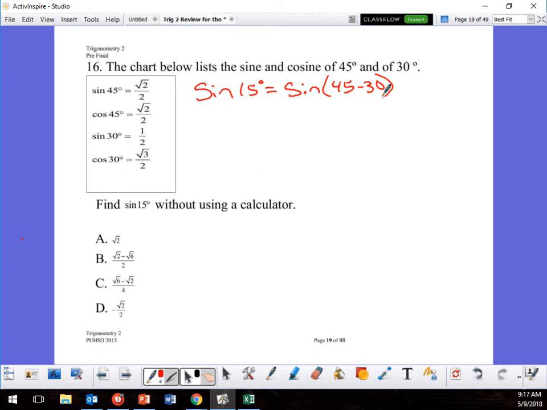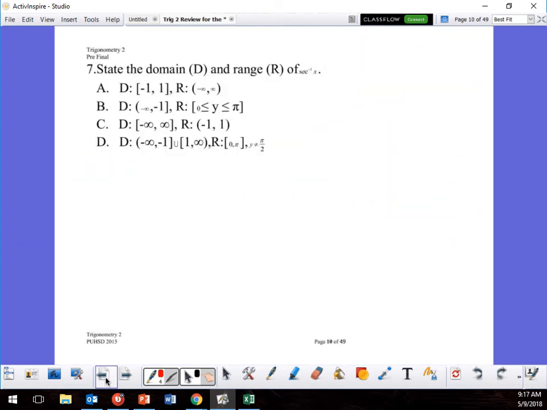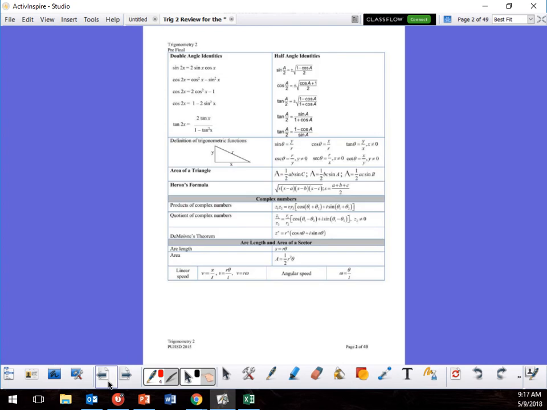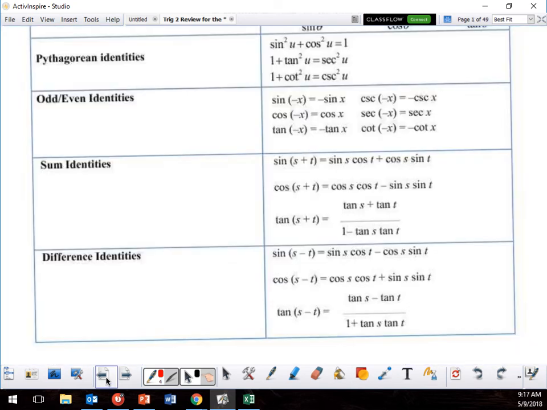Since this is a subtraction, and I'm starting off with the sine, here it is, right here. So for this one, sine of s minus t, it's going to be sine s cosine t minus cosine s sine t. So sine, cosine, cosine, sine.